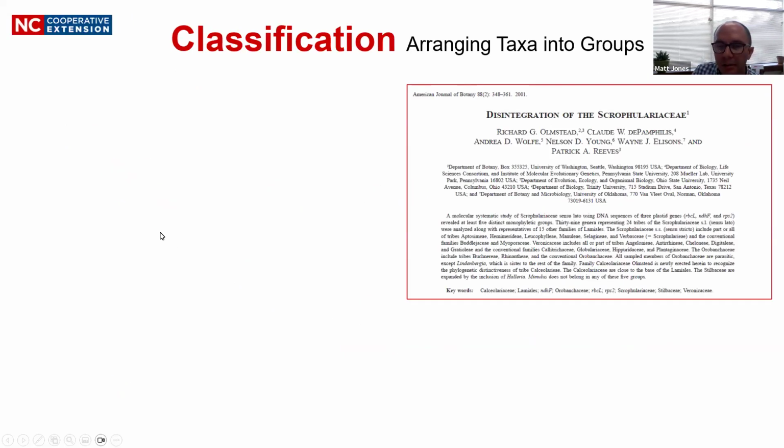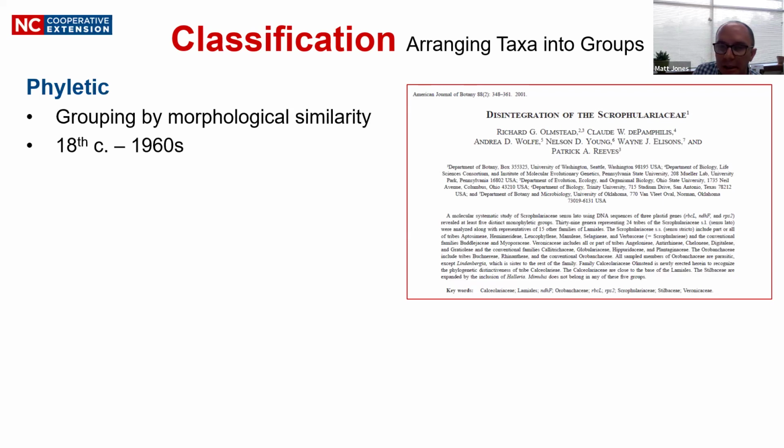Or rather, how we have classified organisms has itself evolved. So traditionally, plants were grouped by morphological similarity, which, once the great synthesis of evolution was developed, made a lot of sense overall.